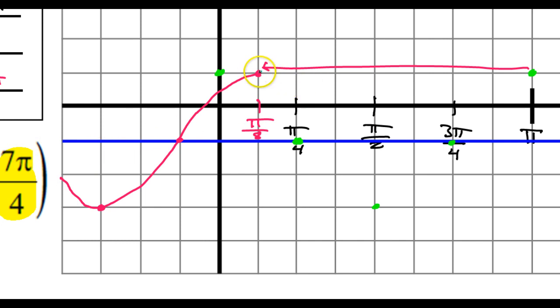So instead, what I'm going to do is graph the next period over. I'm going to pick up where this left off, and because cosine just repeats over and over again, if one of them doesn't fit, I'll just graph the next one. It doesn't tell you which period you have to graph. You can graph whichever one fits. So this period did not fit. So I'm going to graph the next period over.